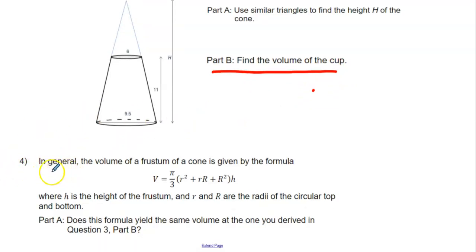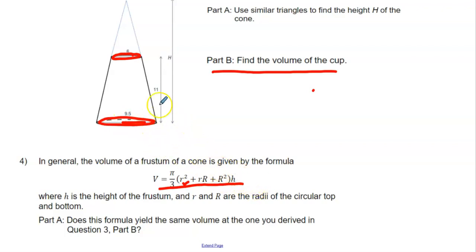Number 4. In general, the volume of a frustum of a cone is given by this formula. That is, V equals pi over 3 times r squared, where small r is the radius of the smaller part of the frustum, and big R is the radius of the bigger part of the frustum.